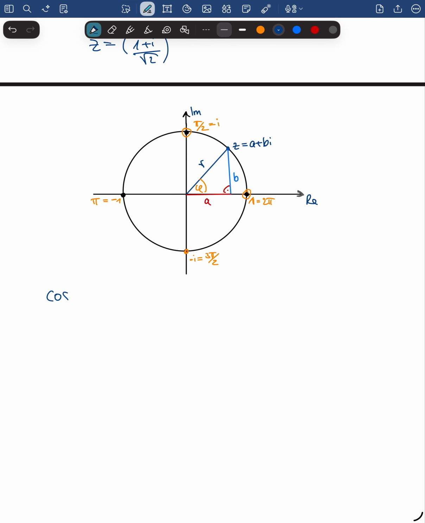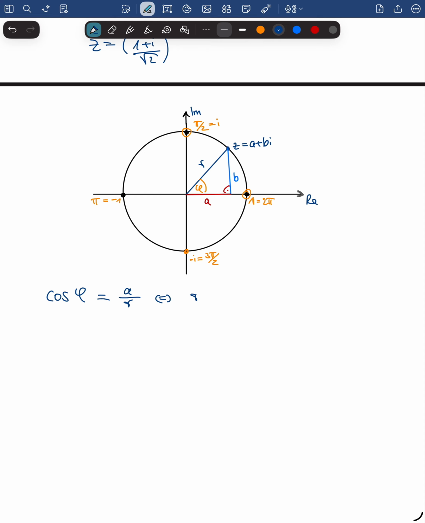If we start with the cosine of phi, we know the cosine of phi is basically the adjacent side divided by the hypotenuse, a divided by r, because we have a right angle. In German we say right angle, here it's a 90-degree angle, so we can use the Pythagorean theorem.